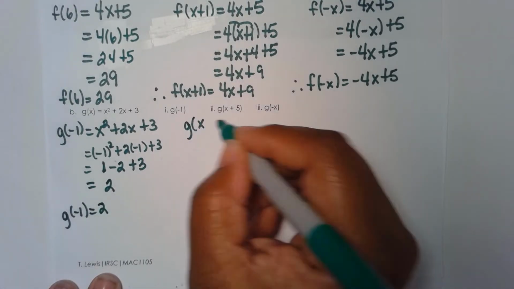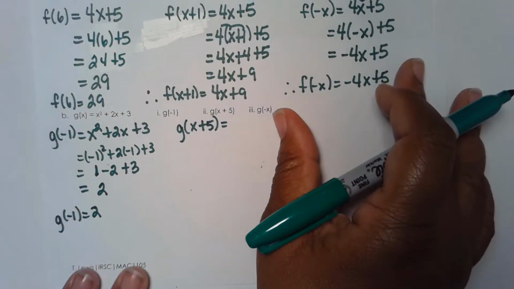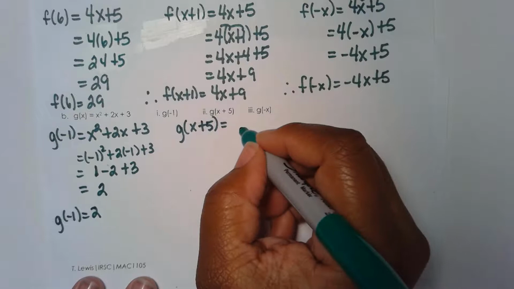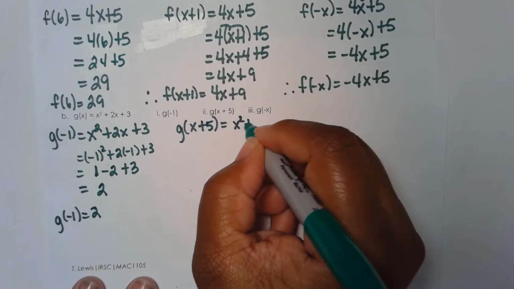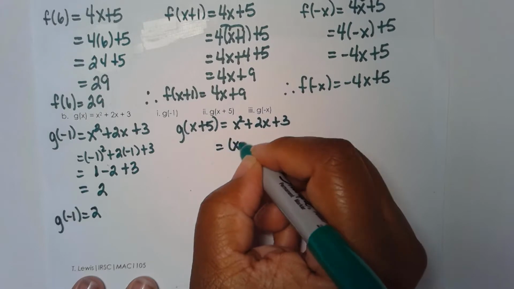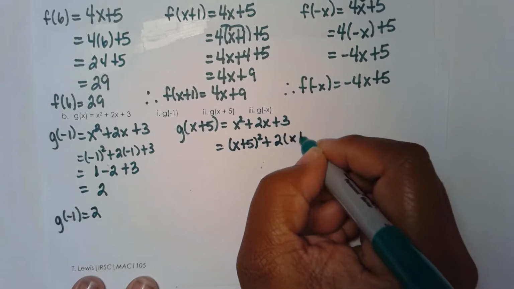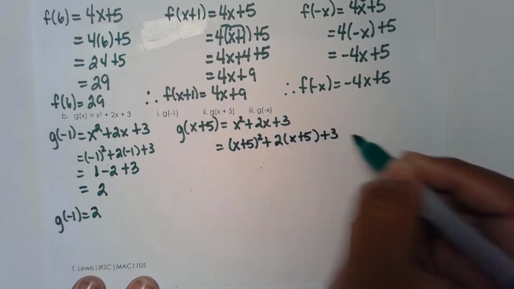G of x plus 5. We have here, going back, x squared plus 2x plus 3. So you're saying the quantity of x plus 5 squared plus 2 times x plus 5 plus 3.